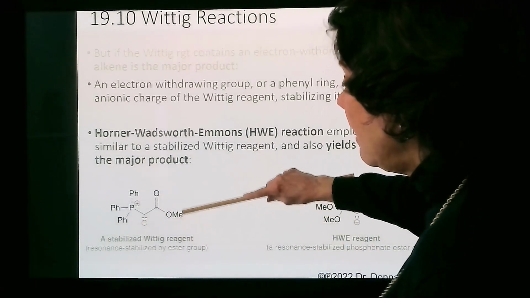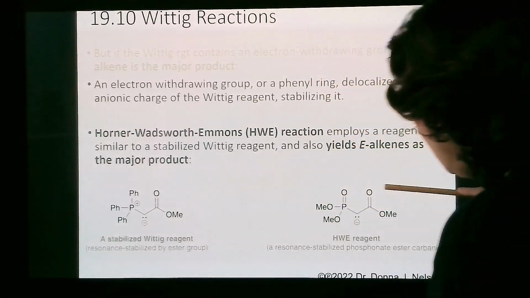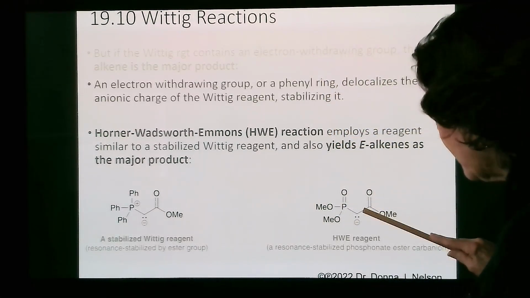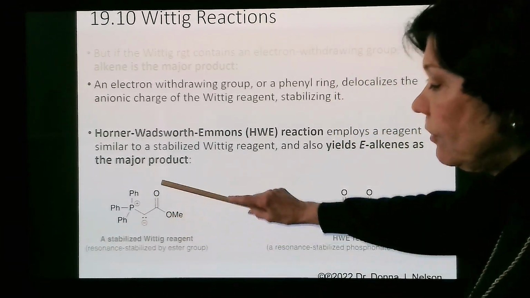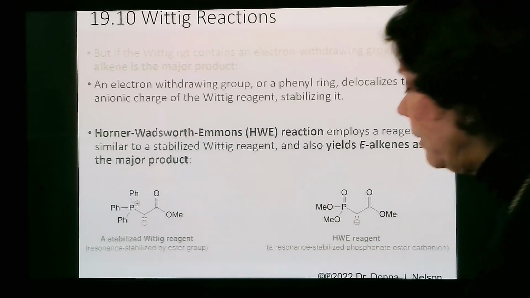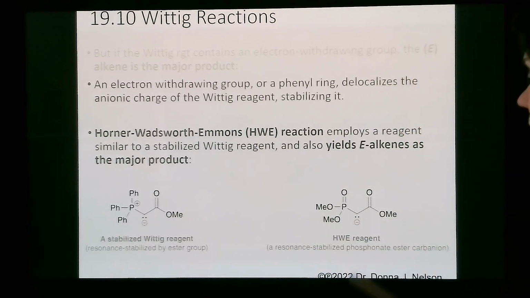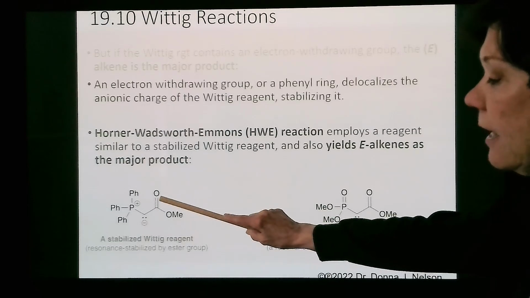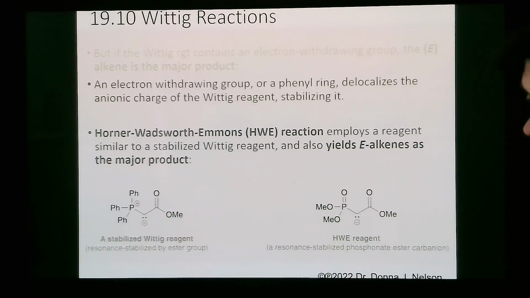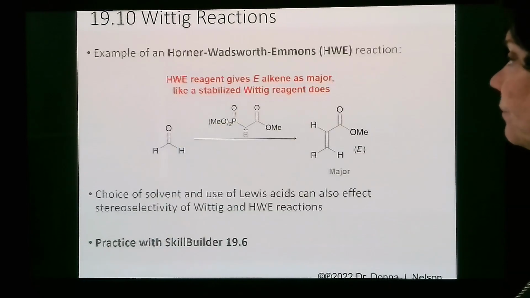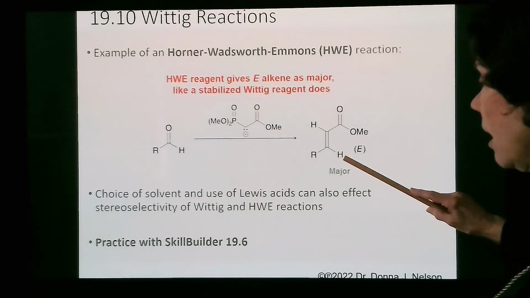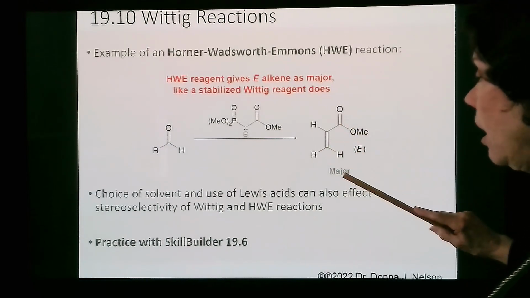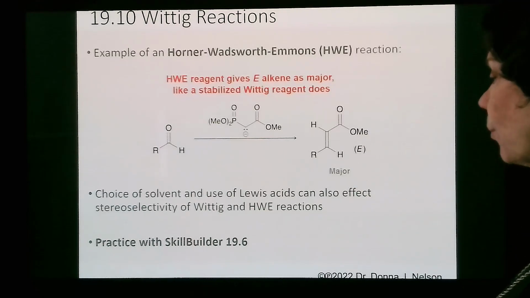And you also have a stabilizing group on here. This is very similar to the Wittig reagent that has a stabilized group on it, so you can think of this as functioning the same way that a stabilized Wittig reagent functions. And so the product will be the trans product, the more stable E product.